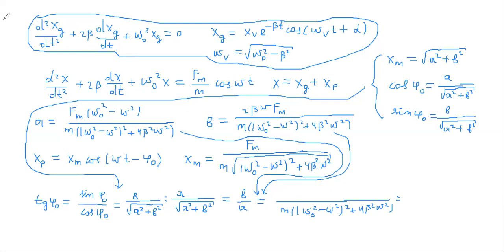So it is necessary to fix a mistake. Here we have 2 beta omega fm divided by m, divided by fm divided by m times omega 0 to the power of 2 minus omega to the power of 2.